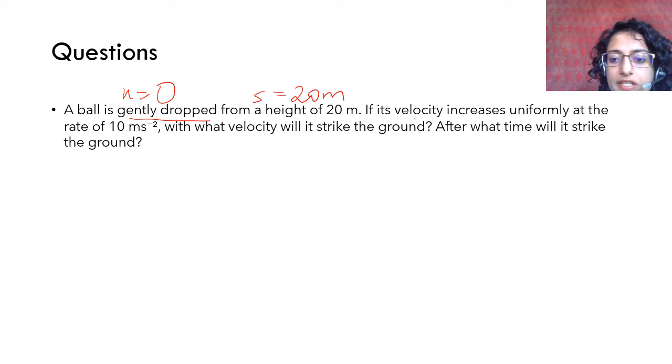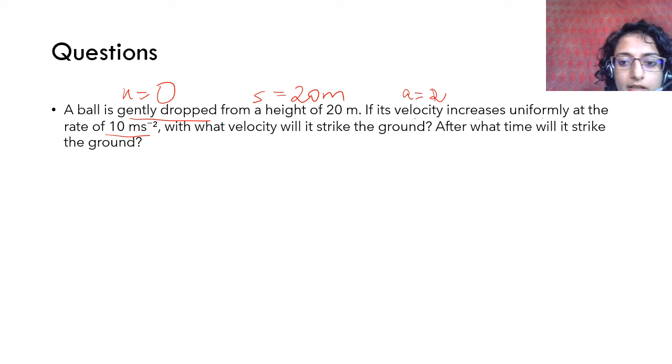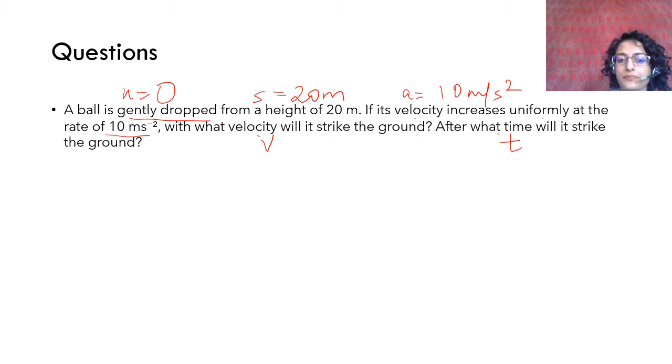If its velocity increases uniformly and a uniform acceleration has been given at the rate of 10 meter per second square. So acceleration has been given 10 meter per second square. With what velocity will it strike the ground? After what time will it strike the ground? So we have to calculate both V and T. Right?